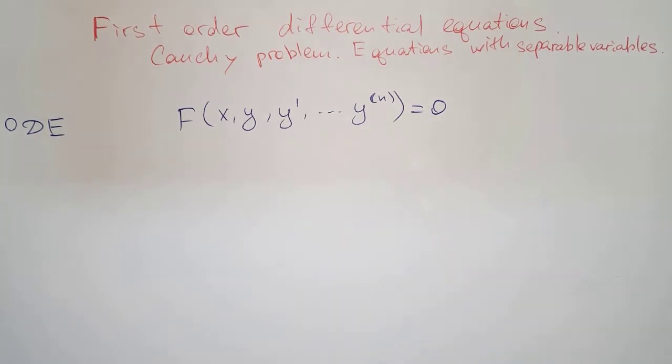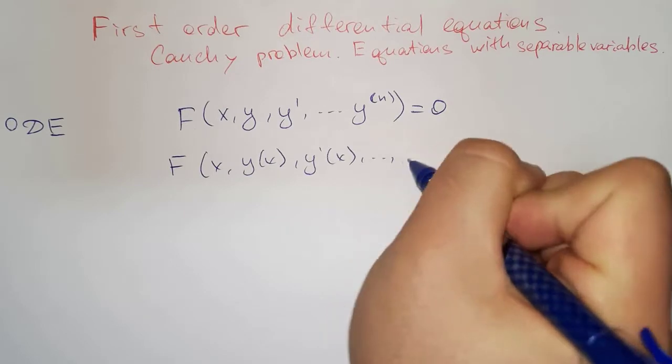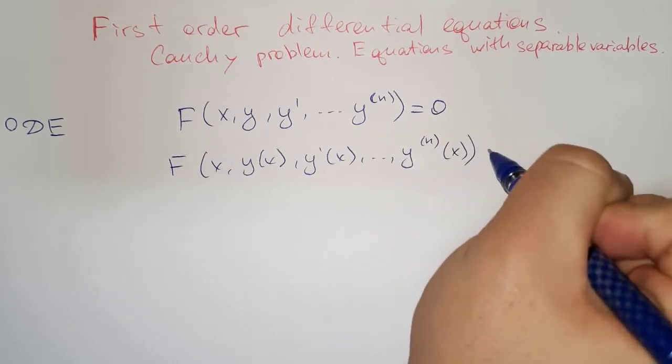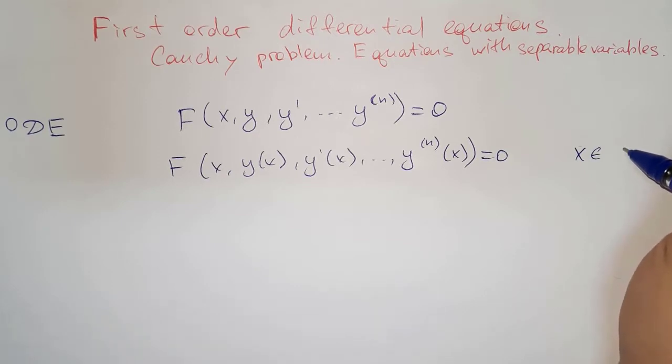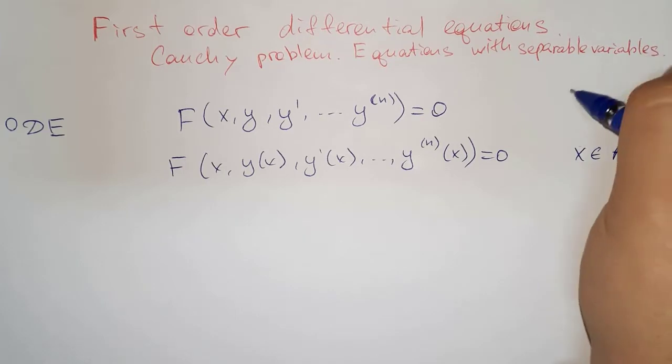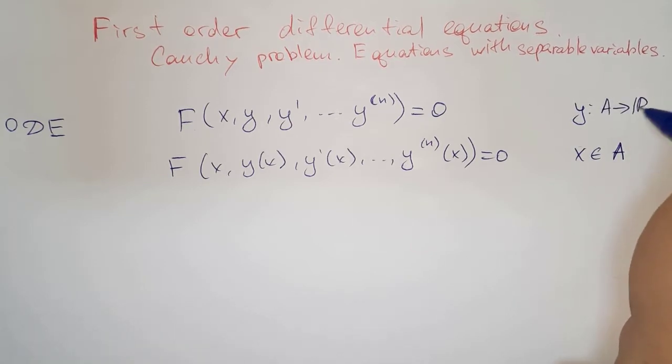And a solution of this ODE is a function y, differentiable n times, such that F of x, y, y prime, etc., up to the n-th derivative of y, equals 0 for all x from a set A. Here y is a function from A to R, the real line.